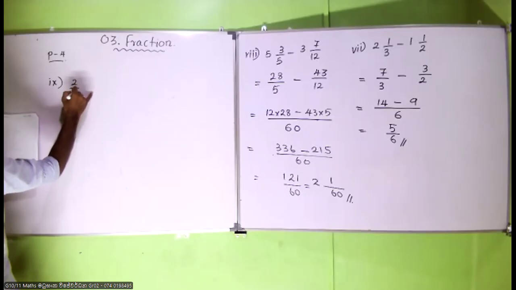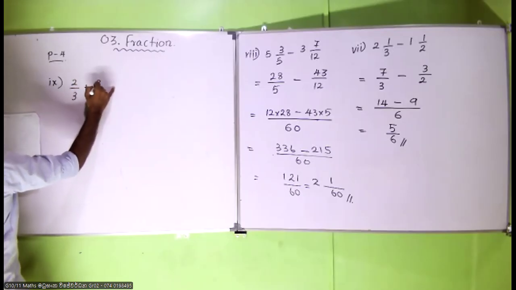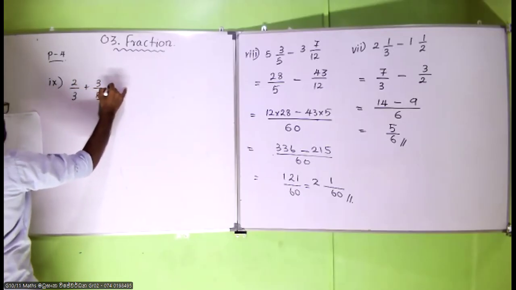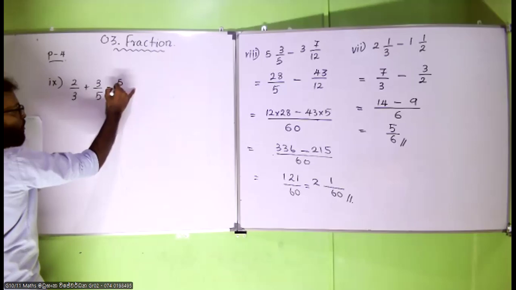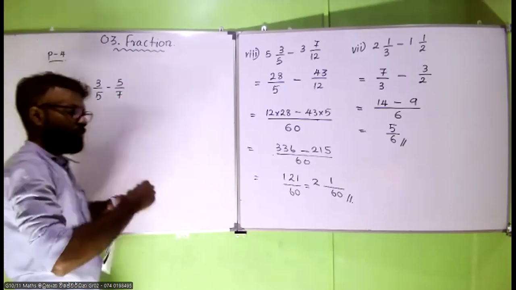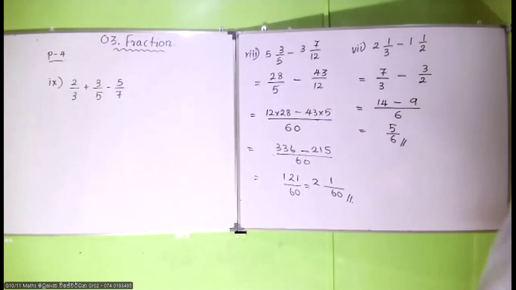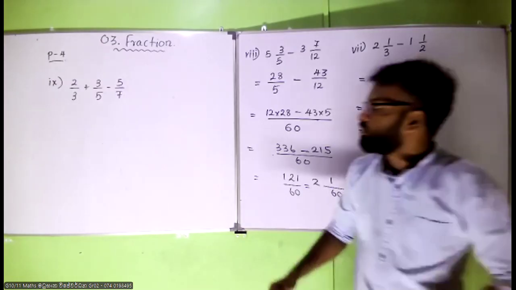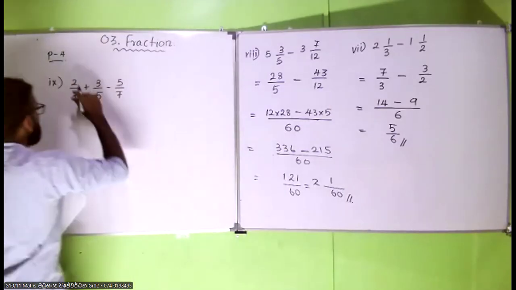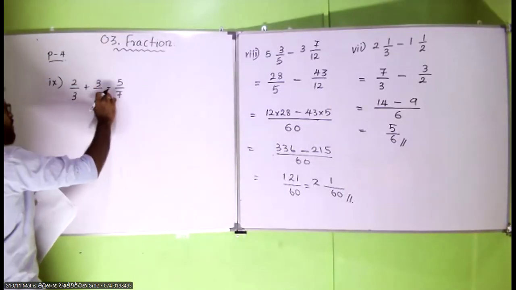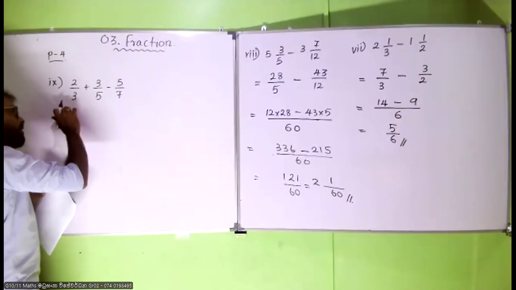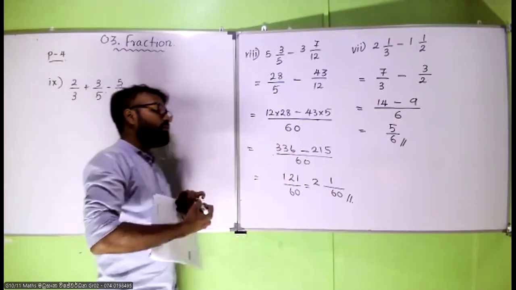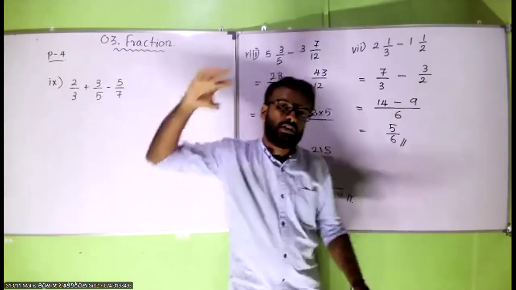So 2 upon 3 plus 3 upon 5 minus 5 upon 7. Correct? Right. So here, 2 upon 3 plus 3 upon 5 minus 5 upon 7, we have more than 2 fractions.